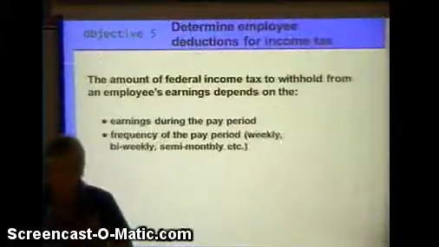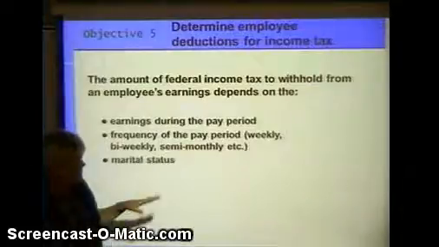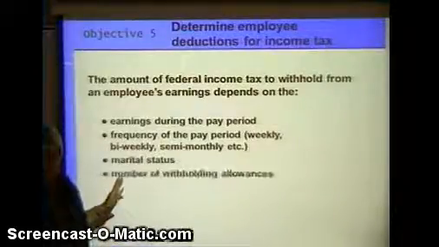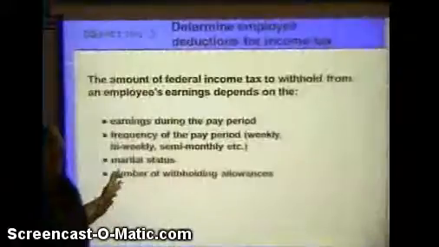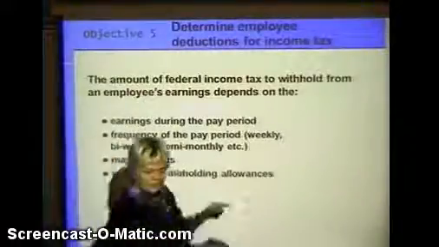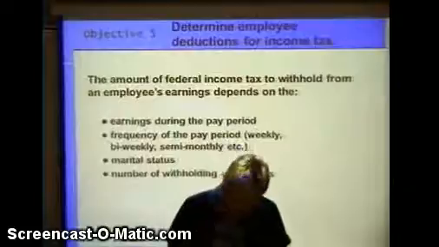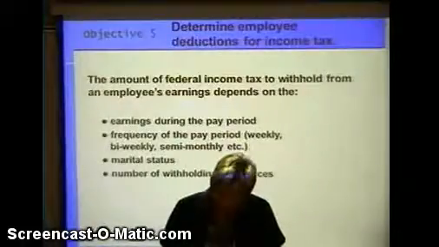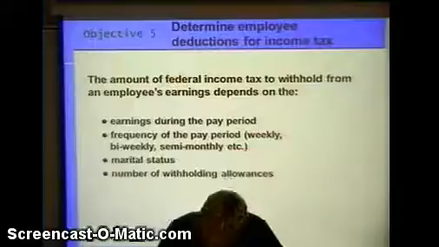Okay. The income tax takes a little bit more. It depends how much they make. Let's see, where is that in your book? There should be a chart.